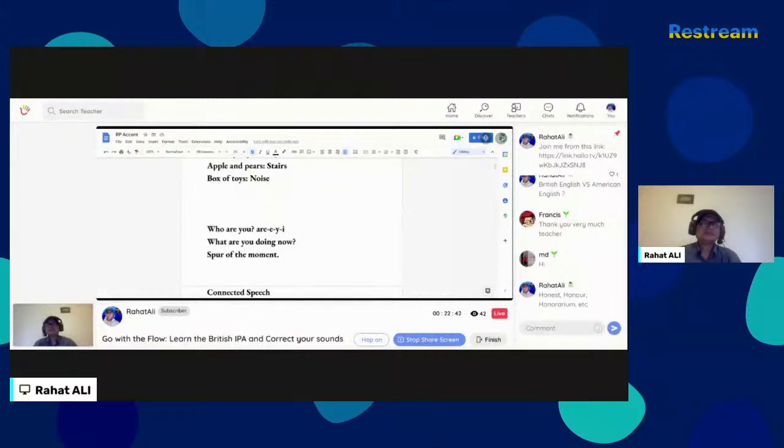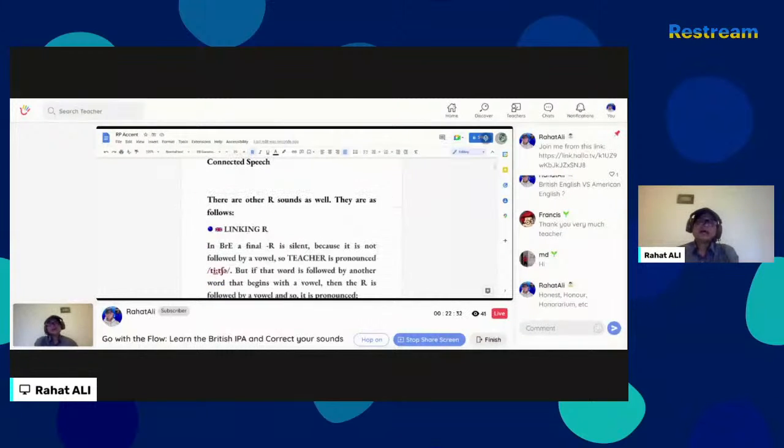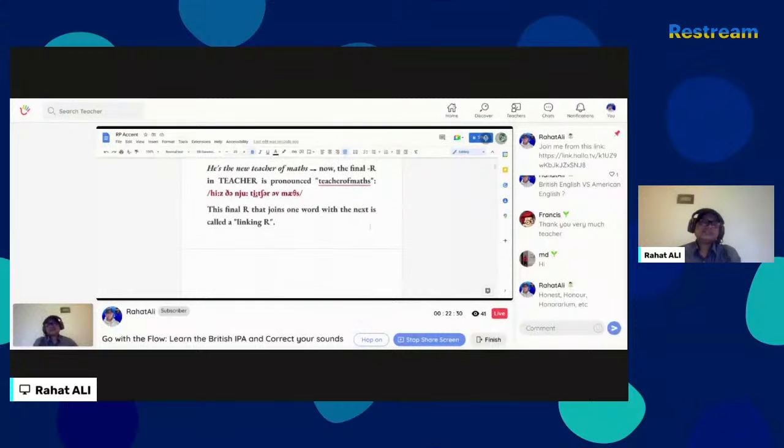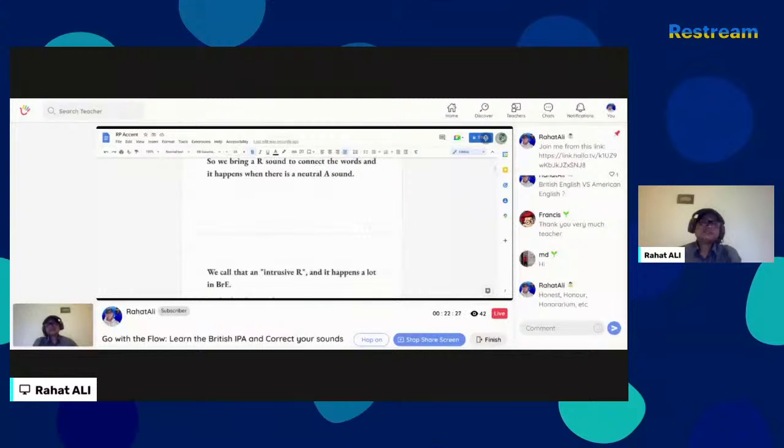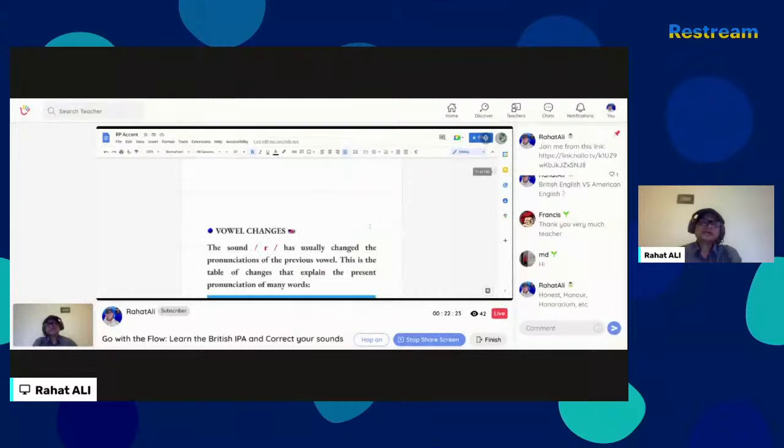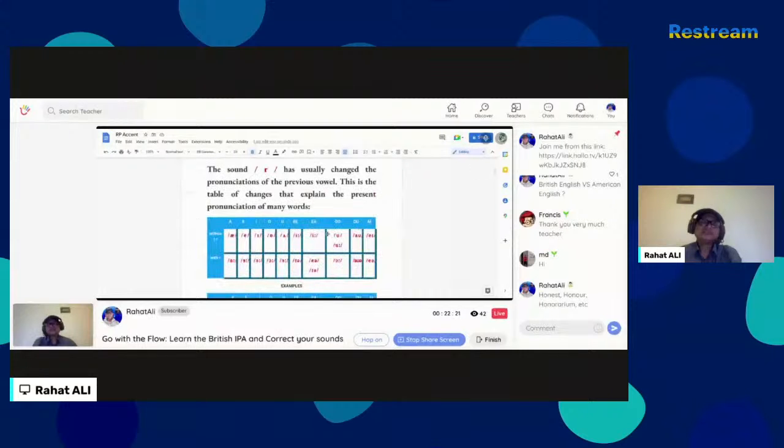It could be a double consonant rule. We're coming there. So that is very important to be aware how the pronunciation works. I've explained connected speech last time, linking R, intrusive R, as you see, are some vowel changes.